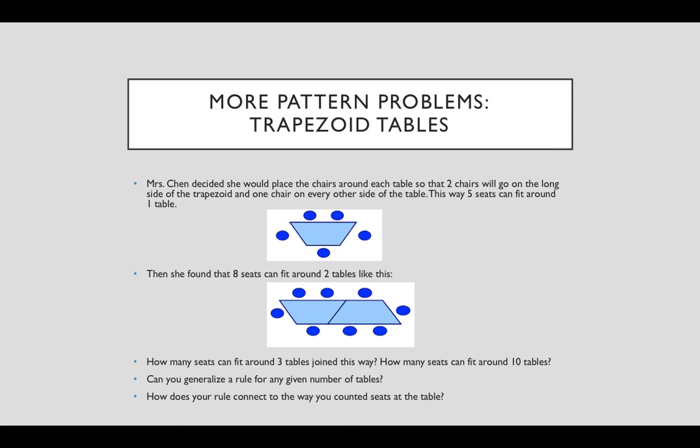They can make the table, they can realize that recursive element. Now, they may not be able to take it all the way to 3n plus 2 and connect it by every table there's 3 seats and then one on the front and one on the back. They may not be able to do that. But you can see how we can start to develop algebraic ideas even within these growing patterns in the elementary grades.